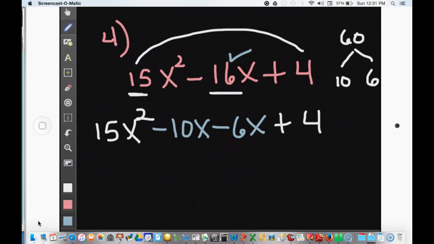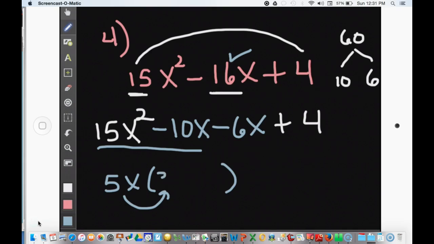And if I do that, I have an equivalent polynomial here, and I can factor out of the first two terms a 5x, and then I would do 5x times 3x will give us our 15x squared, and 5x times minus 2 will give us our negative 10x.